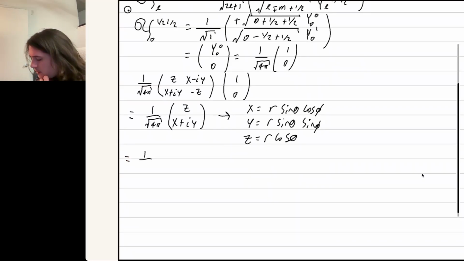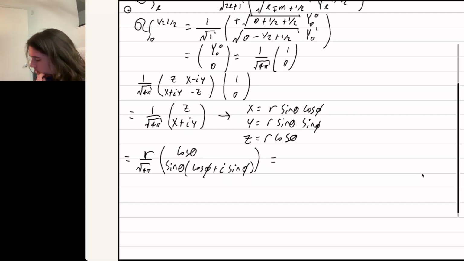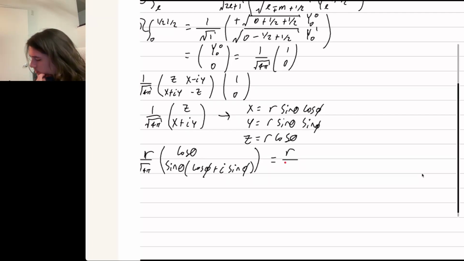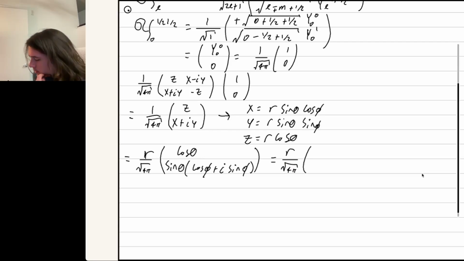We have 1 over root 4 pi, take the r out already, cosine theta, and both of these are a function of sine theta. We have cosine phi plus i sine phi, and that's just Euler's identity, which we can write now as cos theta over e to the i phi sine theta.